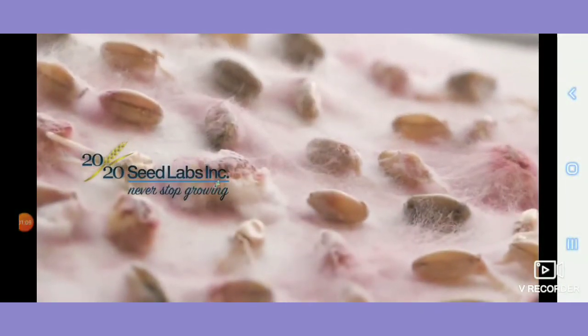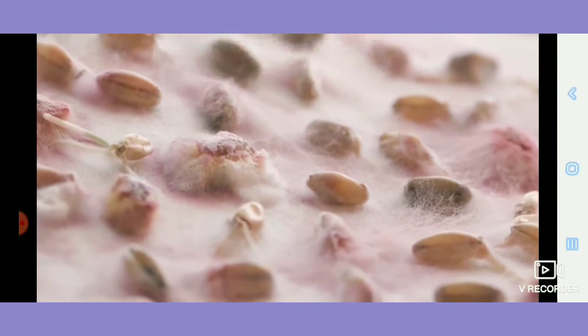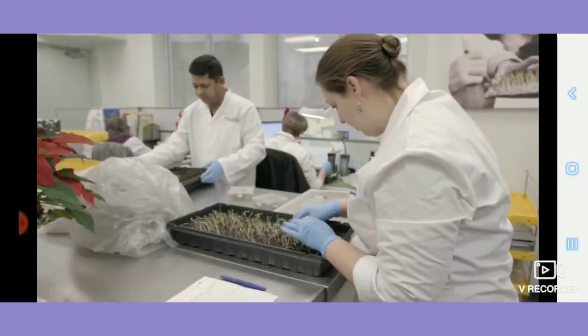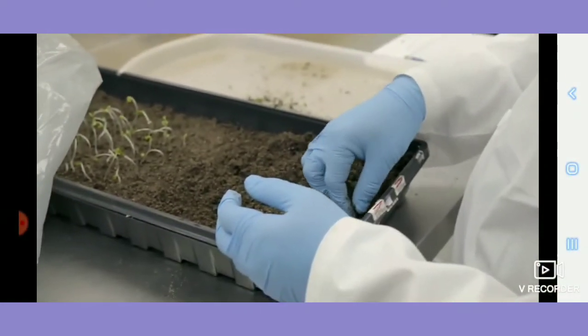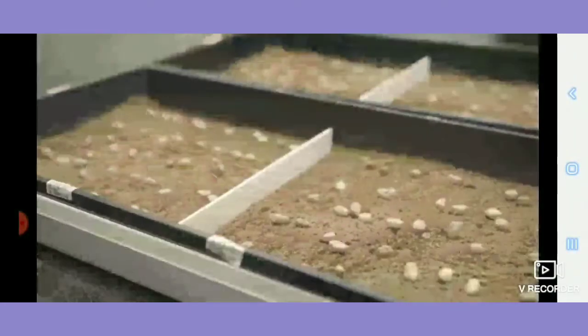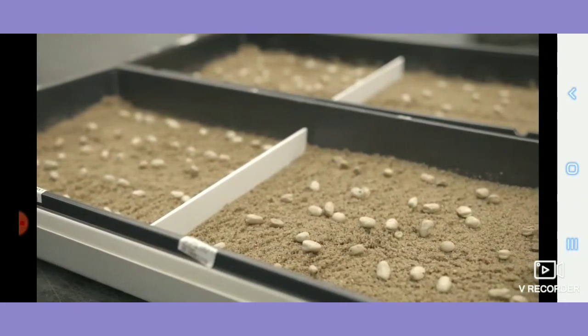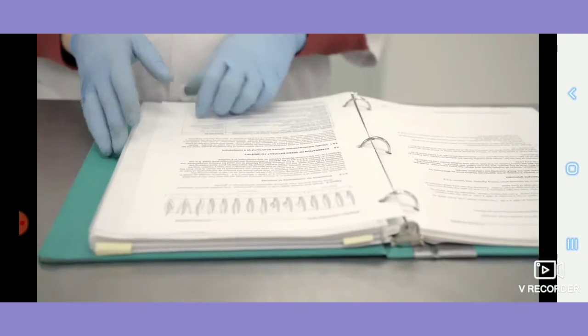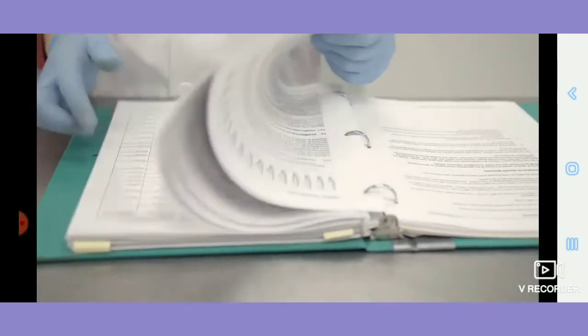Thank you for opening our link to reveal the results of your germination test. This short clip will explain what we found on our client seed samples and how we report the data on the report of seed analysis. As we take you through the steps that are involved in a germination test, you will note that all samples are tested in accordance with the protocols set out in the methods and procedures by the Canadian Food Inspection Agency.